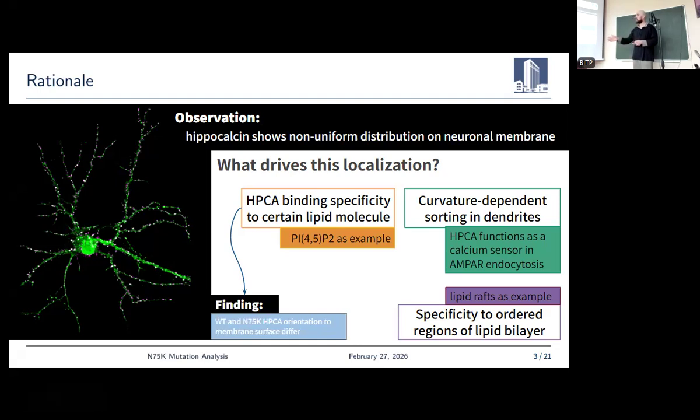So the approach was a lot of molecular dynamics, finding that the orientation of the mutated form of hypocalcin is significantly different from the normal, wild type protein, and it leads to a difference in behavior, the membrane bound state behavior of the mutant form.